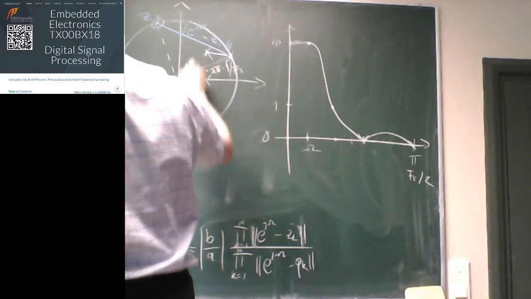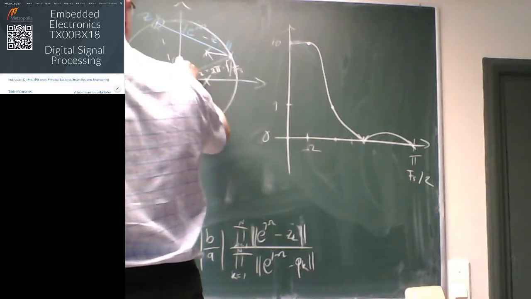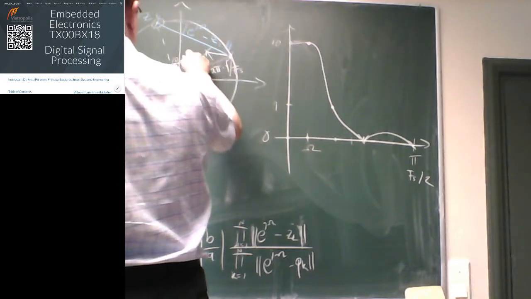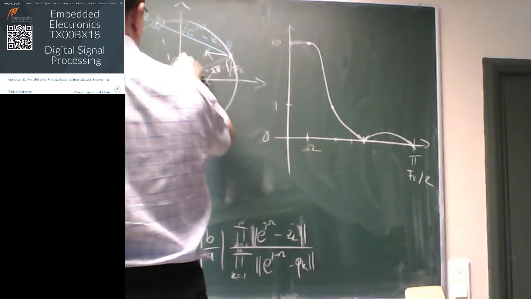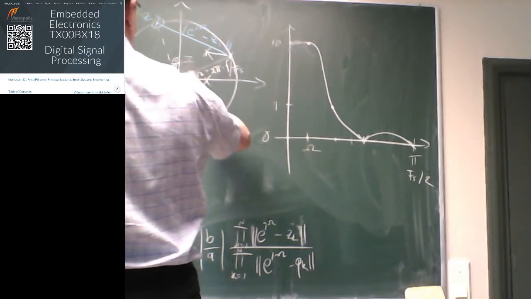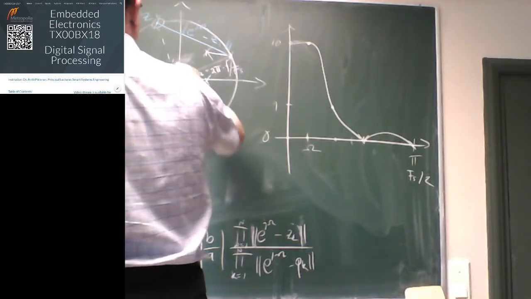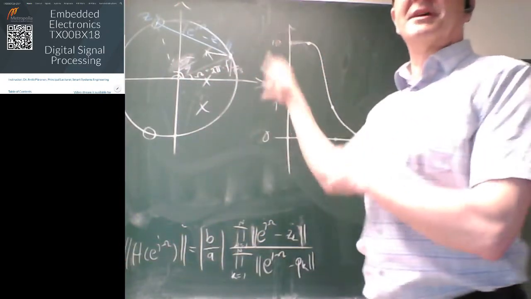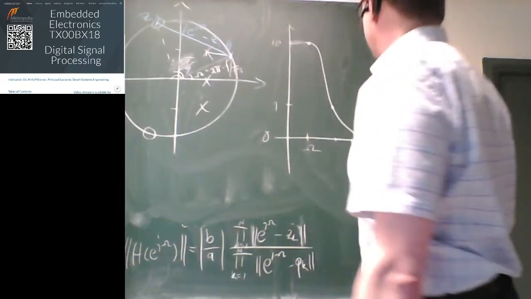Maybe 10 over 9 times pi over 2, 5 pi over 9. Okay, good. So that angle here is 5 pi over 9. Thus making a system for the MATLAB at the same time. So that's about half and half. Okay, that makes a good system.